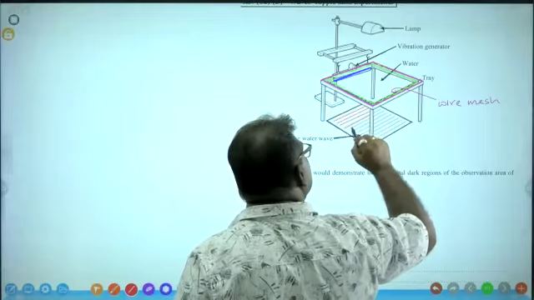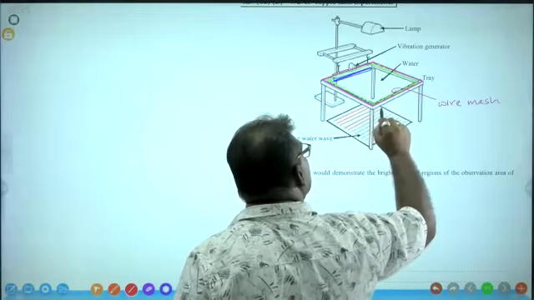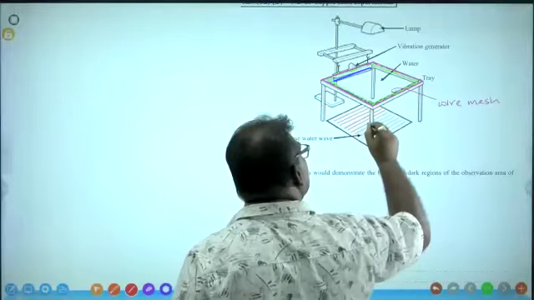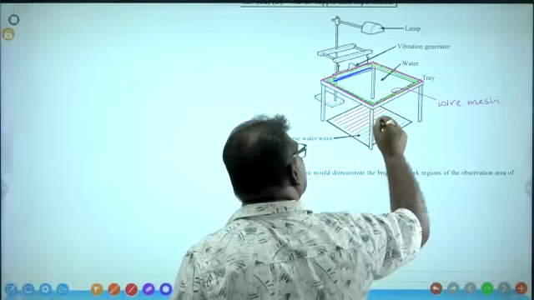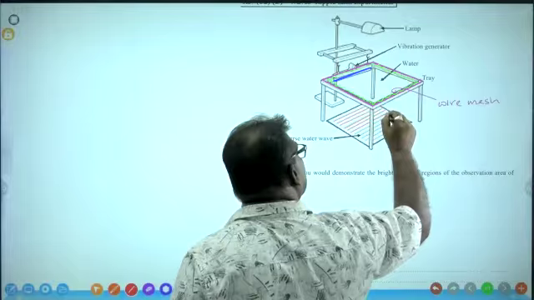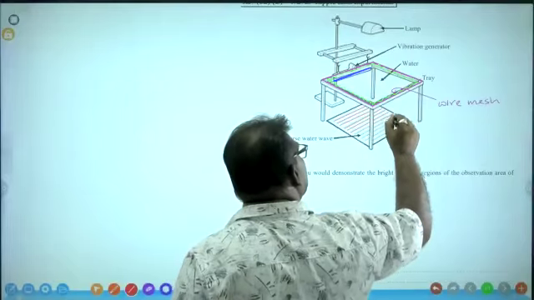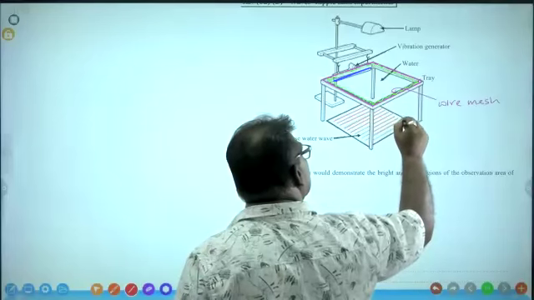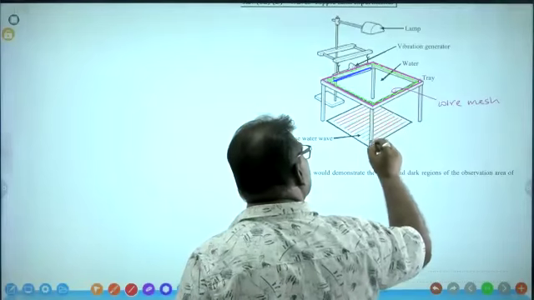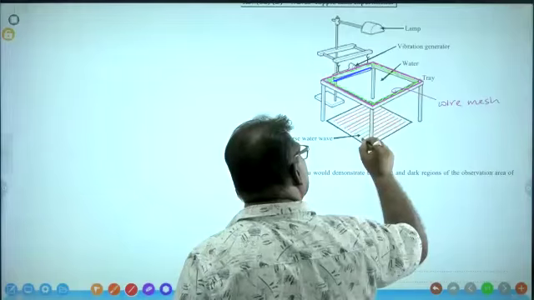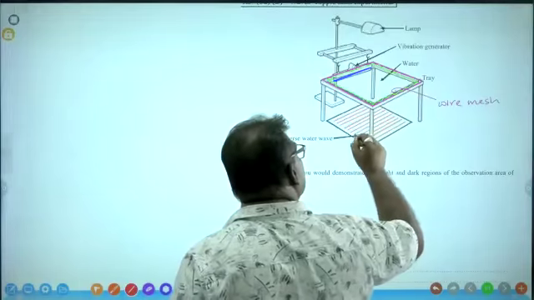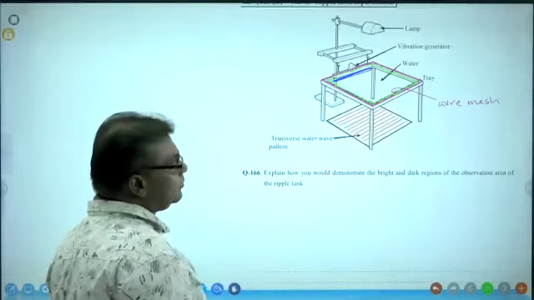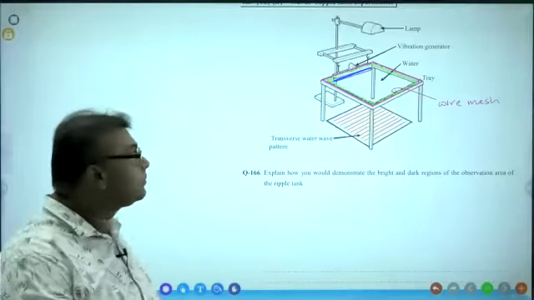These are bright regions, right? Done. That is called the observation area.